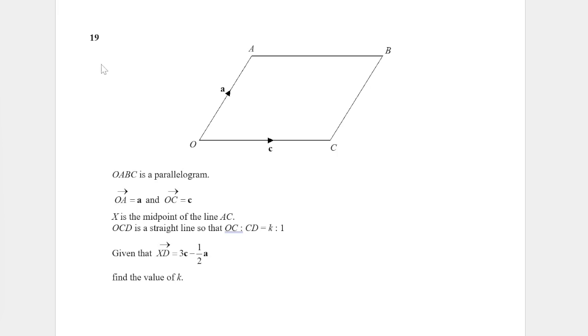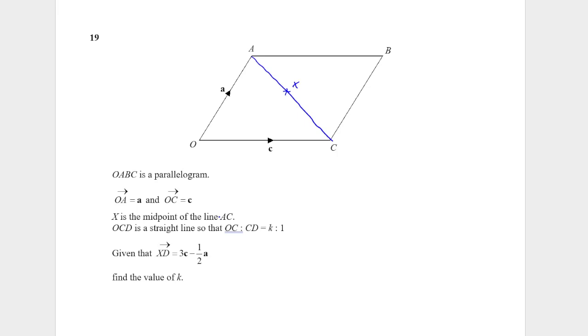Okay, question 19. So OABC is a parallelogram. O to A is a, O to C is c. X is the midpoint of the line AC.